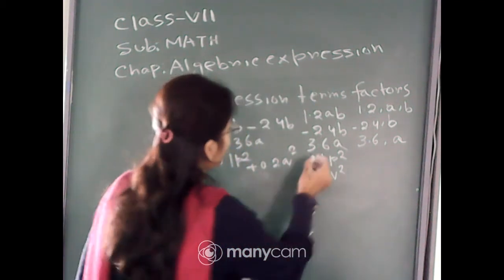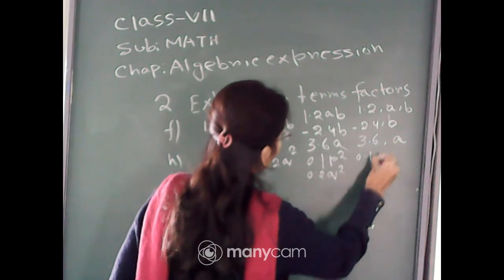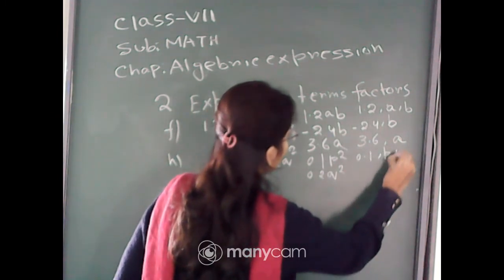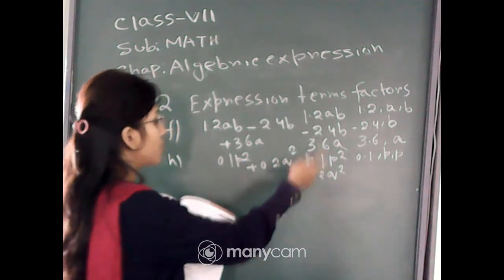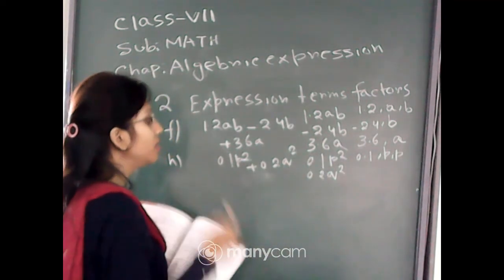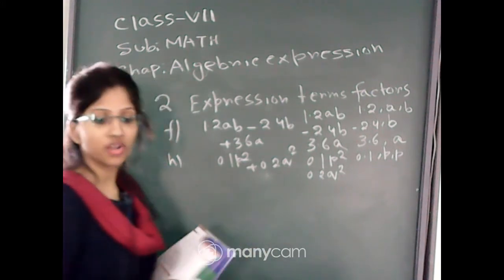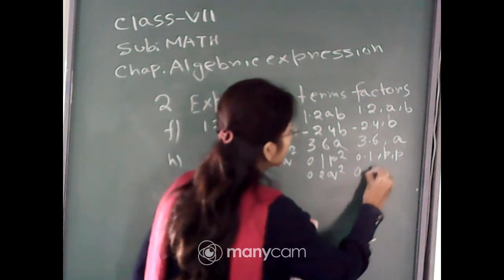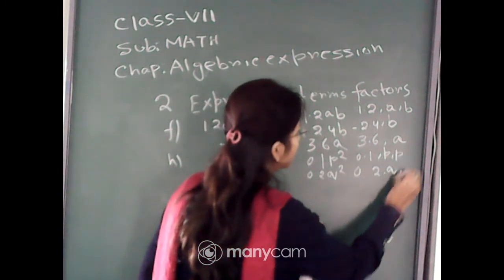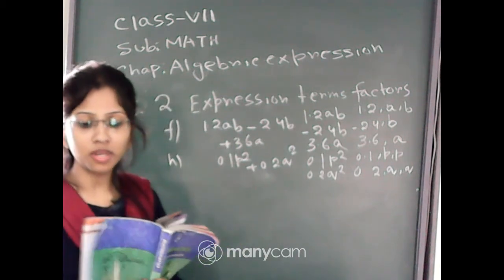Now, this term is the product of 0.1, p and p. Therefore, the factors of 0.1 p square are 0.1, p and p. Also 0.2 q square is the product of 0.2, q and q. Understand? Up to this portion, any problem?